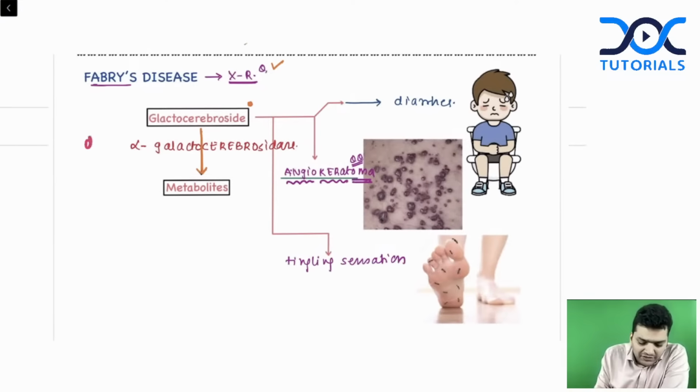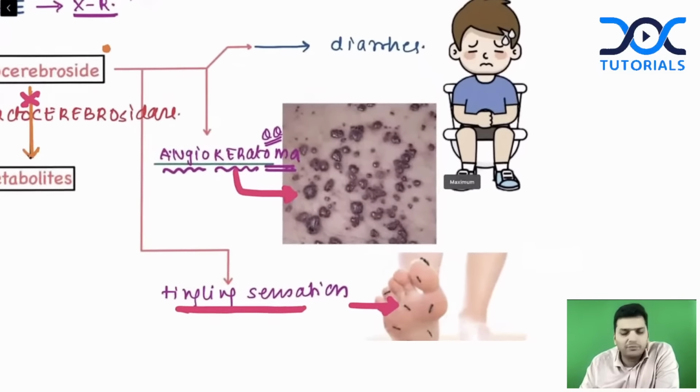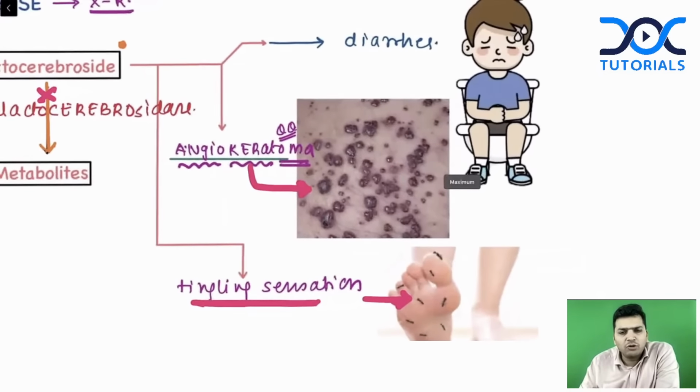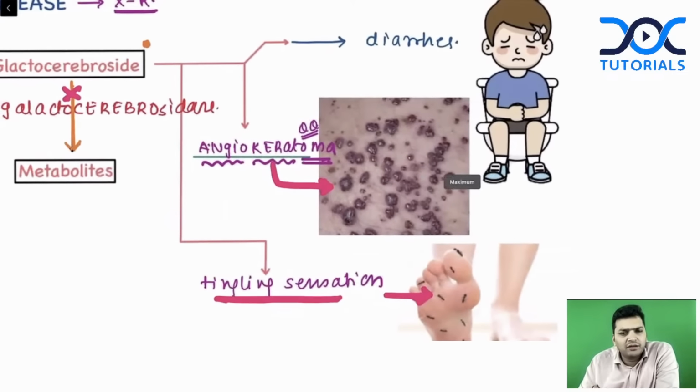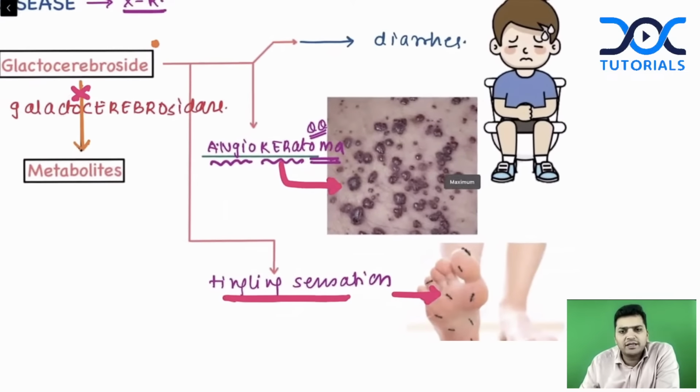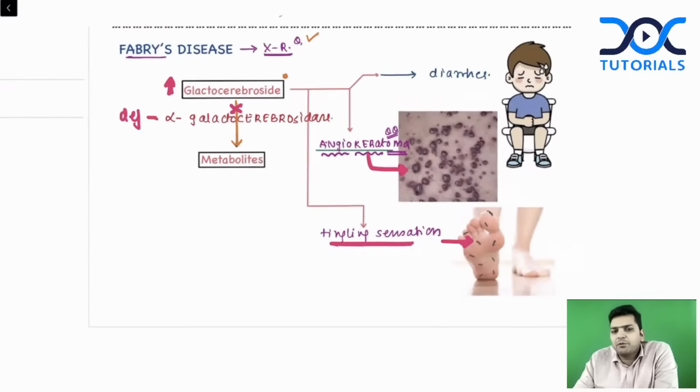If there is a deficiency of this enzyme, then this reaction will not happen, and the substrate is going to accumulate. And they will present as a tingling sensation, meaning peripheral neuropathy will be there. And there's going to be angiokeratomas, and that is the most important hallmark for this. The small tumors containing blood vessels, with excess blood and keratin, are called angiokeratomas, and the patient will have diarrhea. This is called Fabry disease. It is a type of sphingolipidosis.